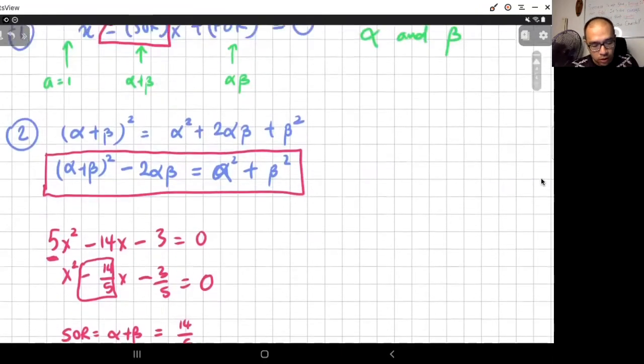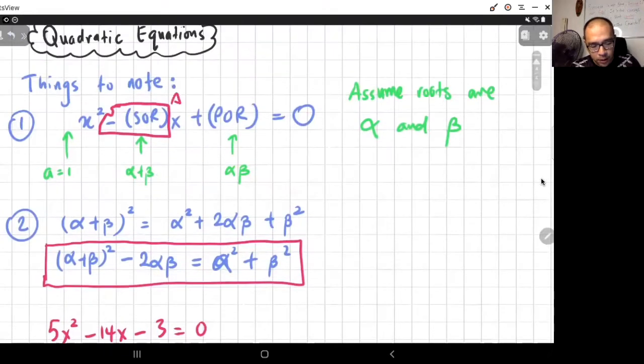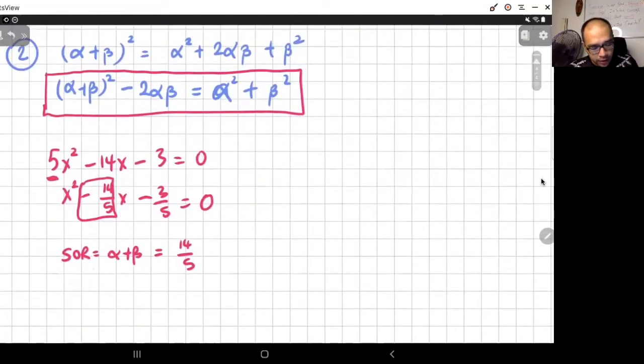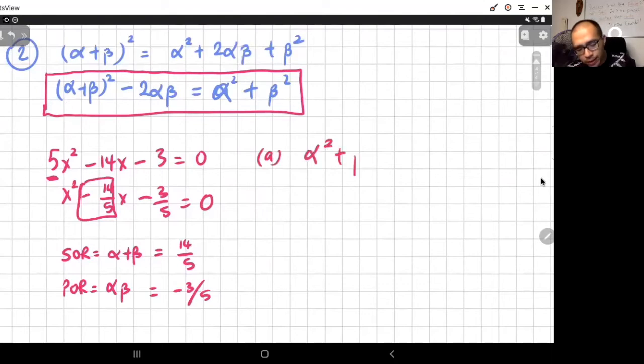So you might want to note down here, always the opposite sign. If positive, negative. If negative, positive. And then finally, alpha times beta, which is the product of roots, will be equal to negative 3 over 5.